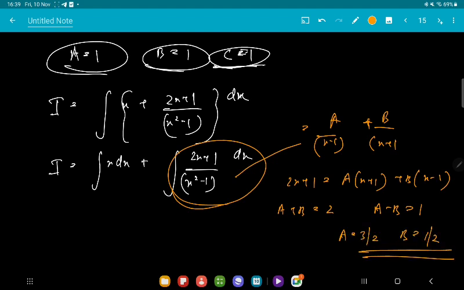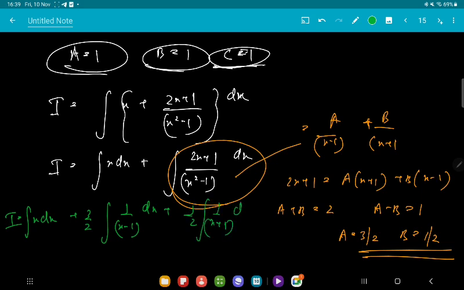Overall my answer in the end would become the integral of x dx plus 3 by 2 times the integral of 1 upon (x minus 1) dx. This would be my final answer.